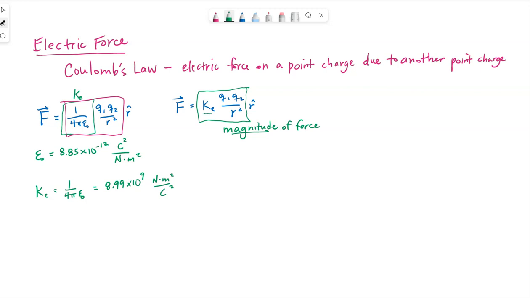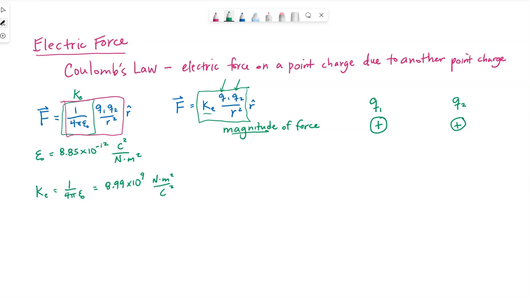So we have a constant. Q1 and Q2 are the 2 charges involved in the force. One of them represents the charge feeling the force, experiencing the force. And then the other charge represents the acting agent. If you happen to remember Physics 1, 2210, we were talking about forces.